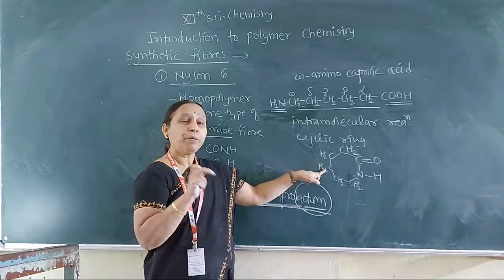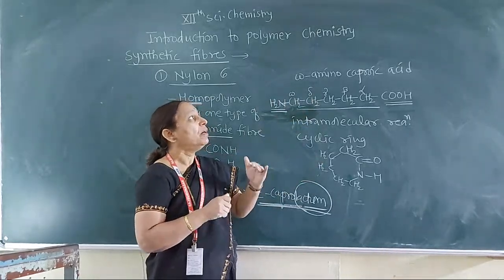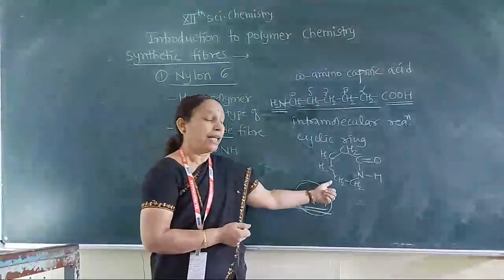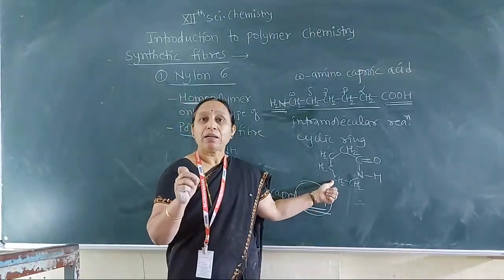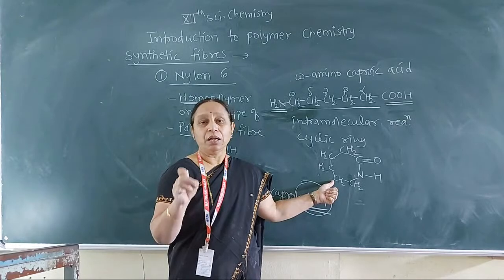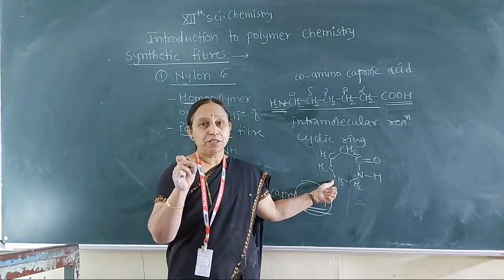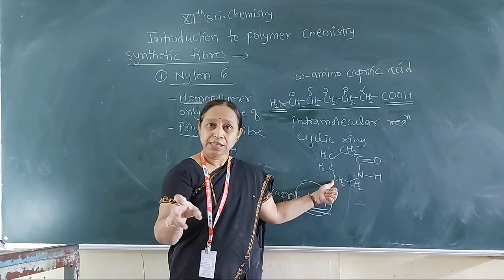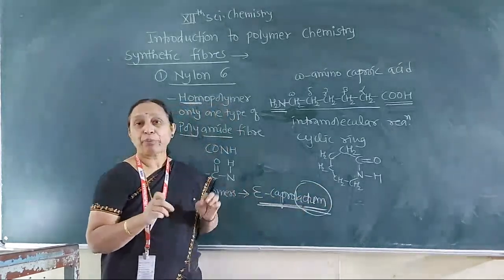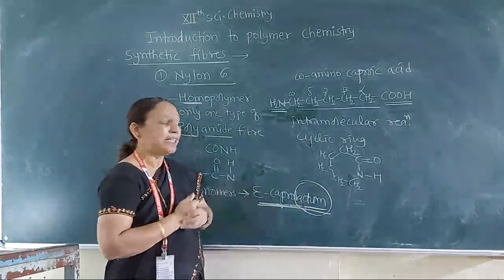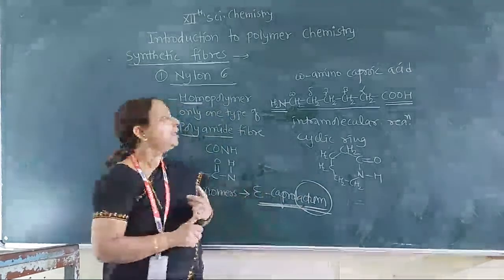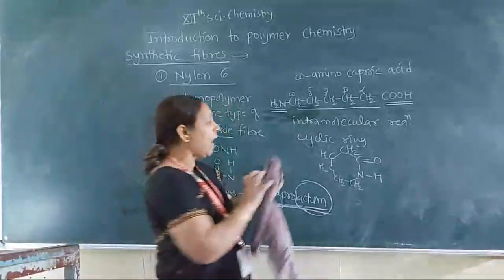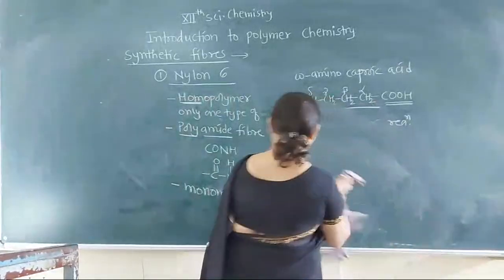So remember, the raw material which is used for the preparation of nylon 6 is epsilon caprolactam. Using this epsilon caprolactam, we are going to prepare nylon 6. Then how does this preparation take place?